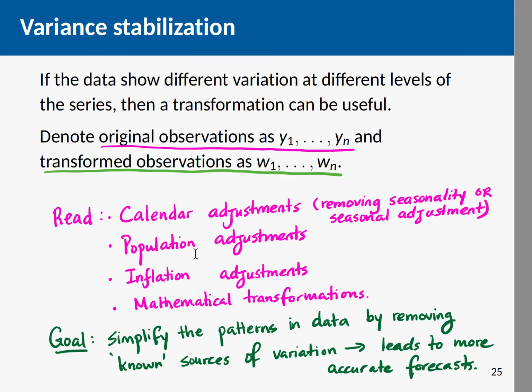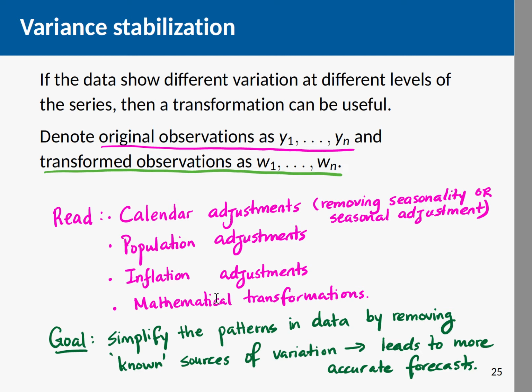Those are population adjustments. We also might want to adjust our series for any changes in inflation over time, which is the general increase in the level of prices. Again, a lot of macro variables like GDP, consumption, investment, they are adjusted for inflation. So we're actually able to see the real value of that series.